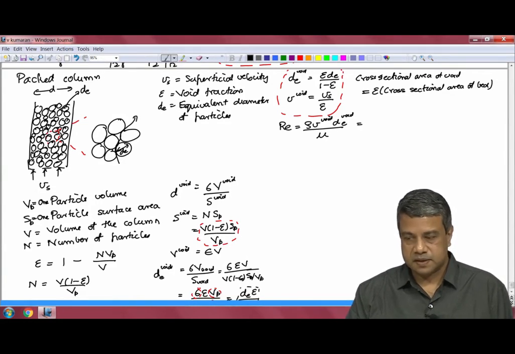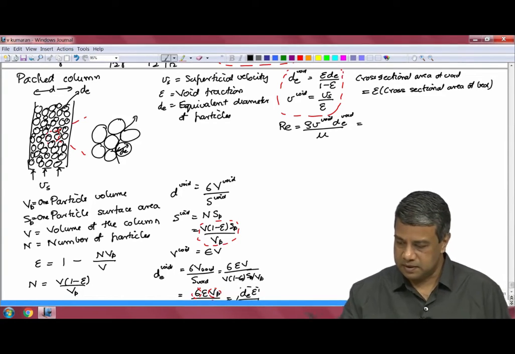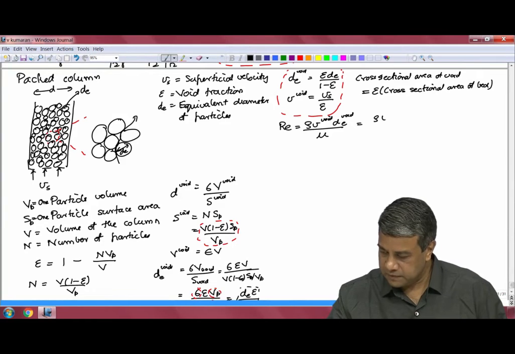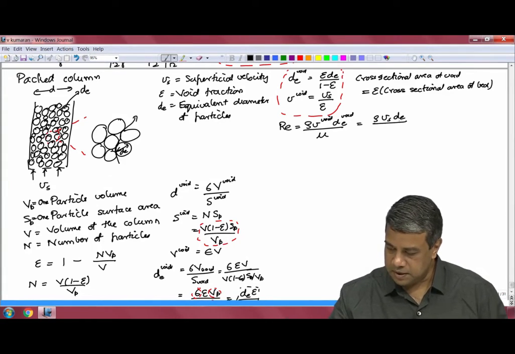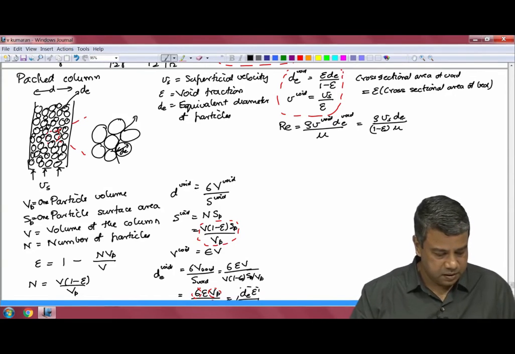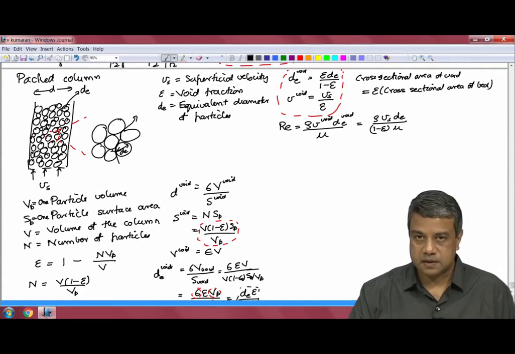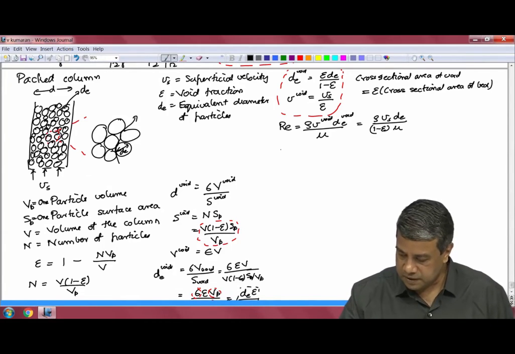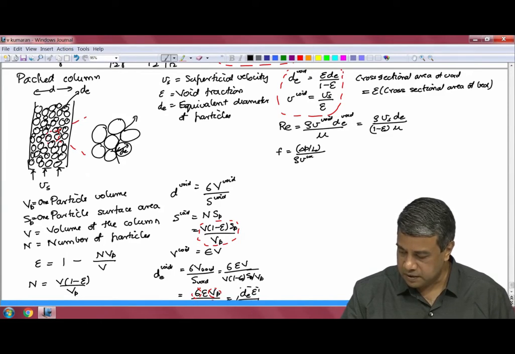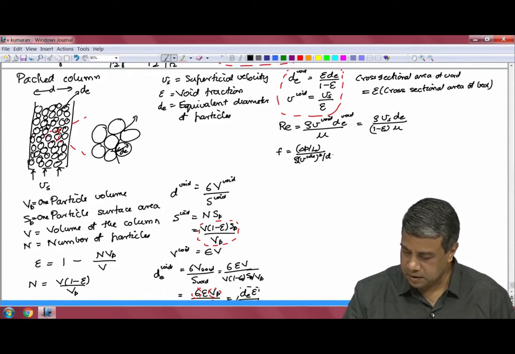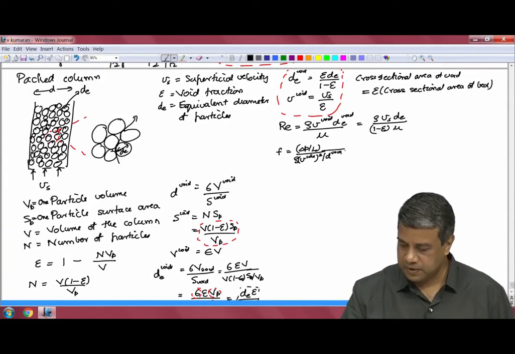And if you substitute these expressions for the velocity in the voids and the equivalent diameter of the voids, you will get rho Vs dE by (1 minus epsilon) times mu. That is the definition of the Reynolds number. And the friction factor is defined as delta P by L divided by rho V void whole square by d void.